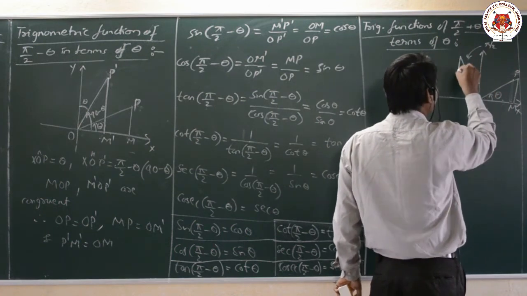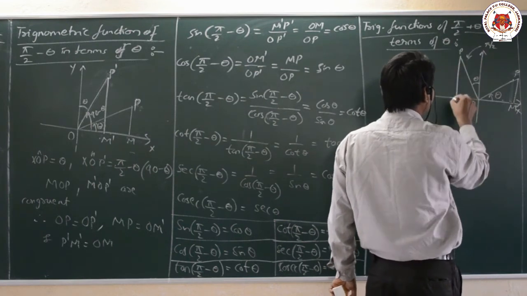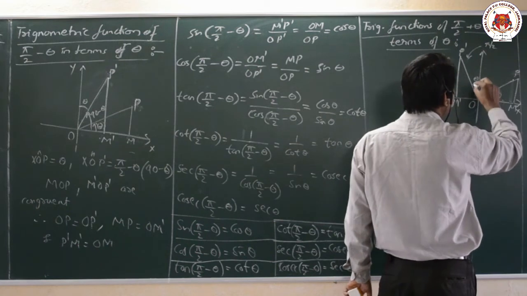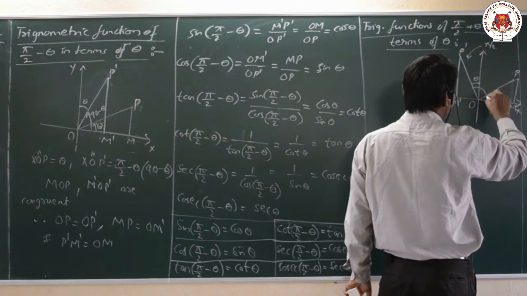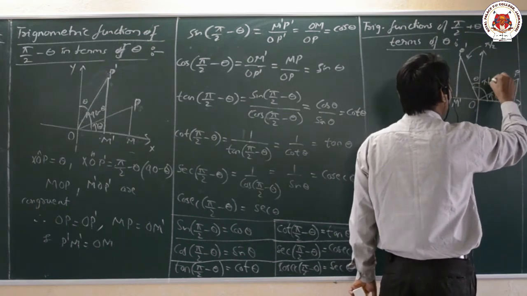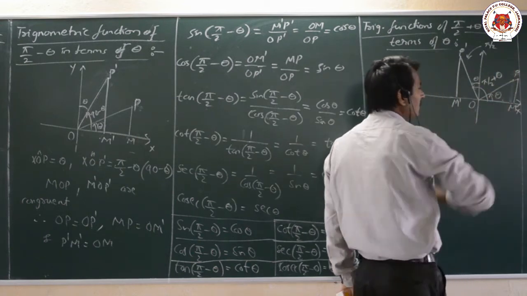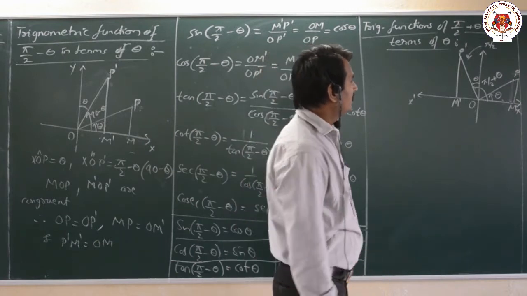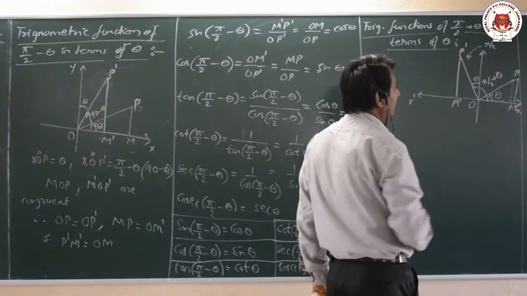Again let us take point P dash and M dash. This value will be pi by 2 plus theta right from the OX, therefore I am taking it as M dash and P dash.